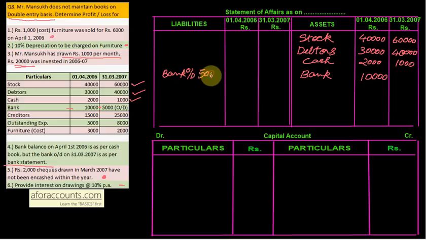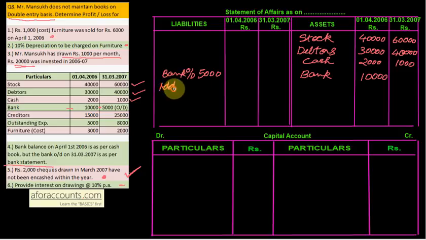In the inner column you will write 5,000 because we have an adjustment here. Look here, 2,000 checks drawn in March 2007 have not been encashed within the year. But the money has gone out from our side, so the overdraft will be 7,000, not 5,000, because this 2,000 has to be added. So checks drawn not encashed have to be added.